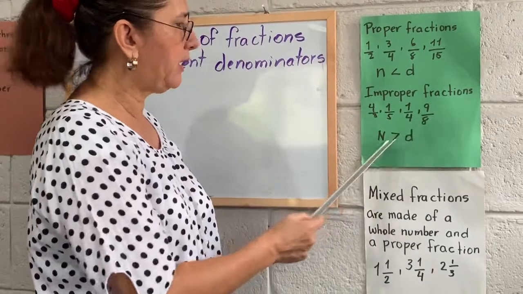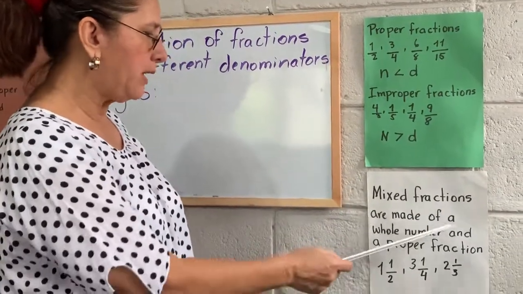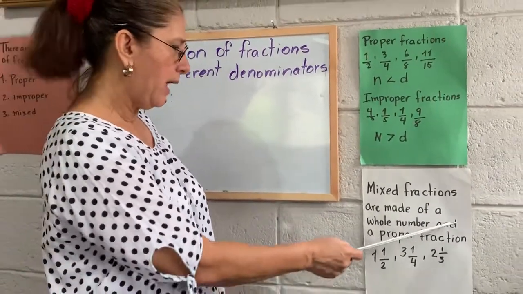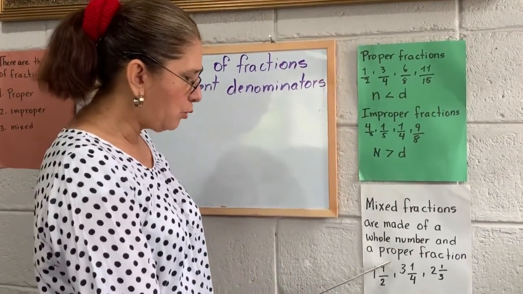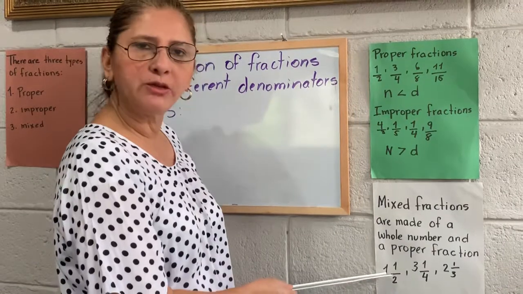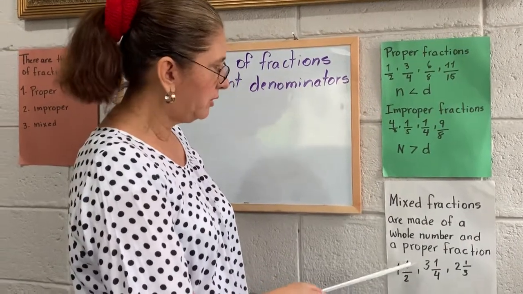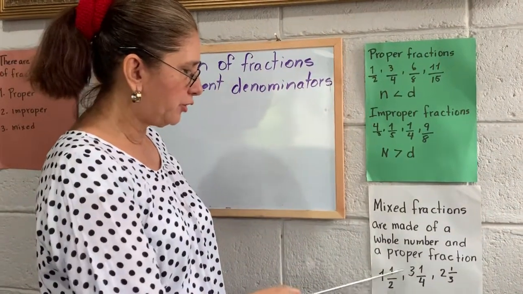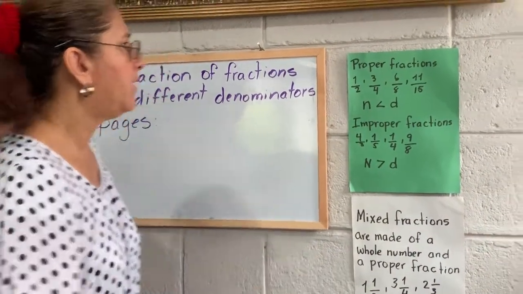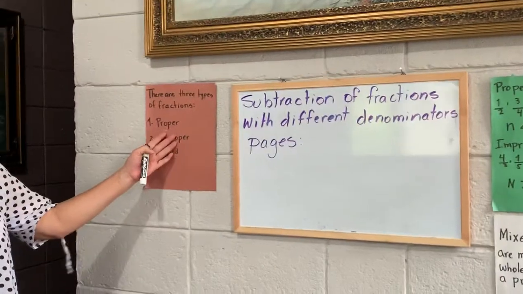Mixed fractions are made of a whole number and a proper fraction. For example, 1 1/2. The whole number is 1 and the proper fraction is 1/2. So these are examples of the three types of fractions.